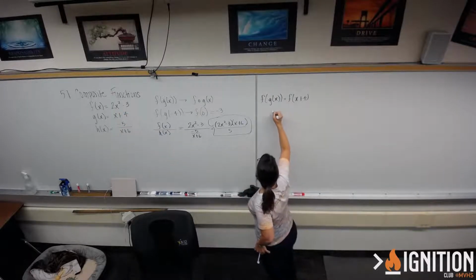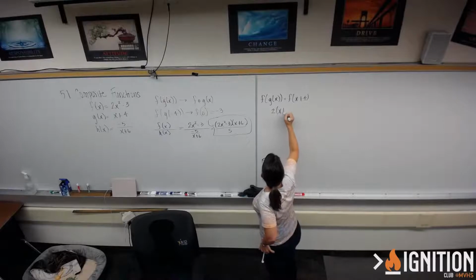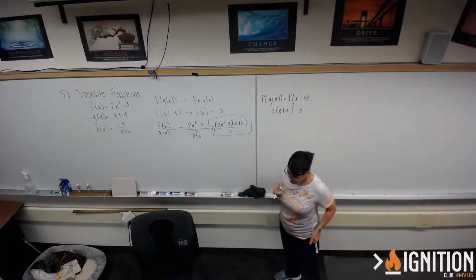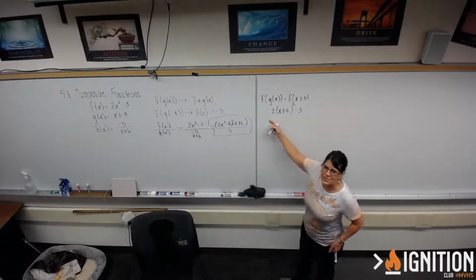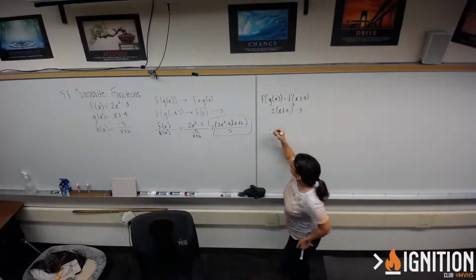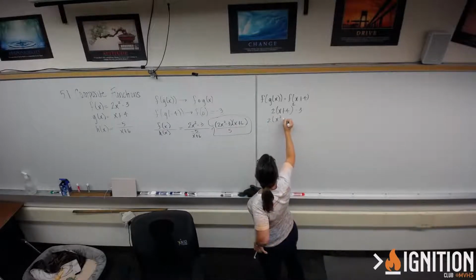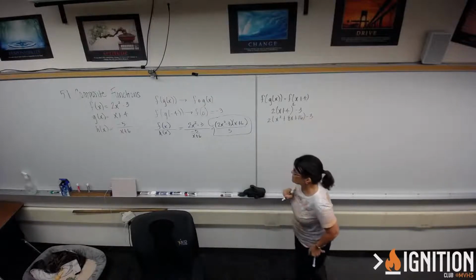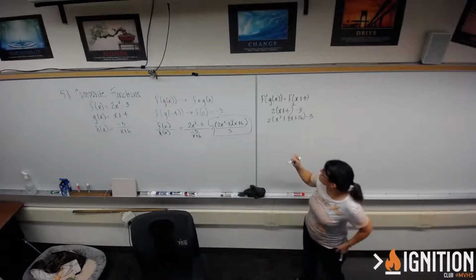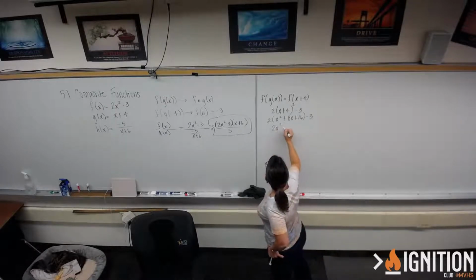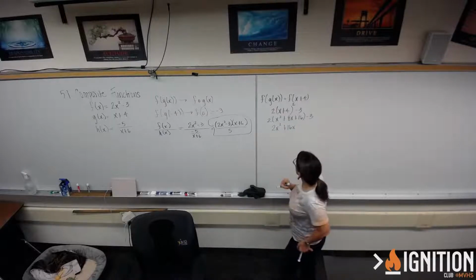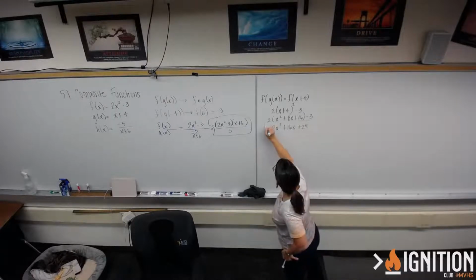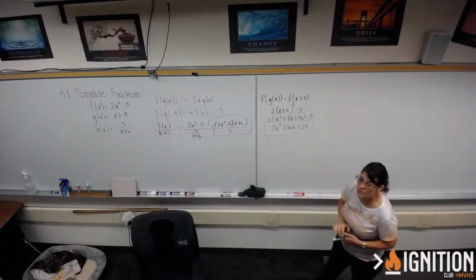So this becomes 2 times x plus 4 squared minus 3. No distributing. You have to FOIL that all out. So this becomes 2 times x squared plus 8x plus 16 minus 3. Distribute, combine like terms. 2x squared plus 16x plus 32 minus 3, I believe, is plus 29.